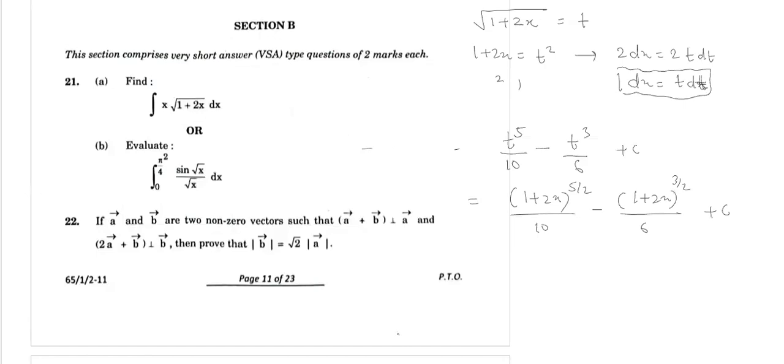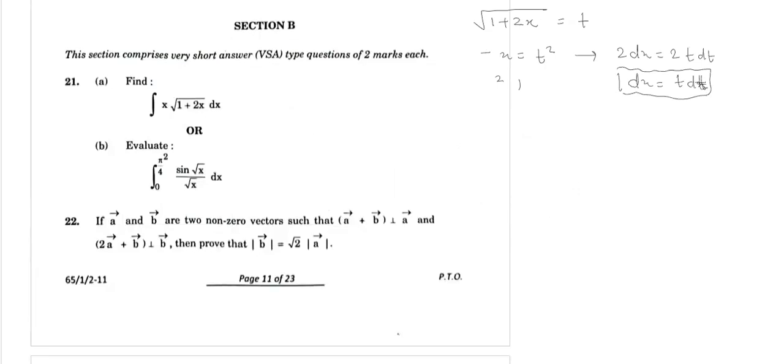So what do you have? Integration of 0 to pi square by 4 sine root x upon root x dx. Again, if you see this question now, the complicated terms, or rather the terms which can be problematic for us, that is sine root x.